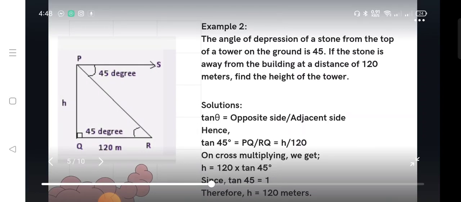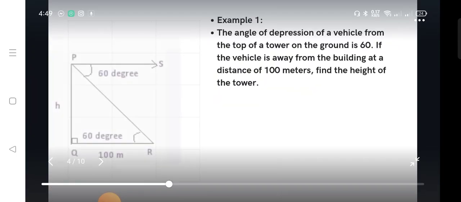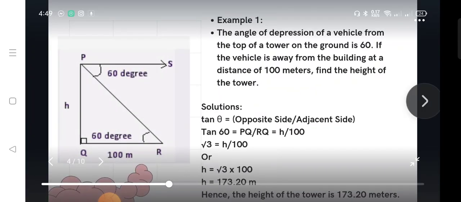Example number 2. The angle of depression of a stone from the top of the tower on the ground is 45. If the stone is away from the building at a distance of 120 meters, find the height of the tower. So kanina hinanap natin yung tower.